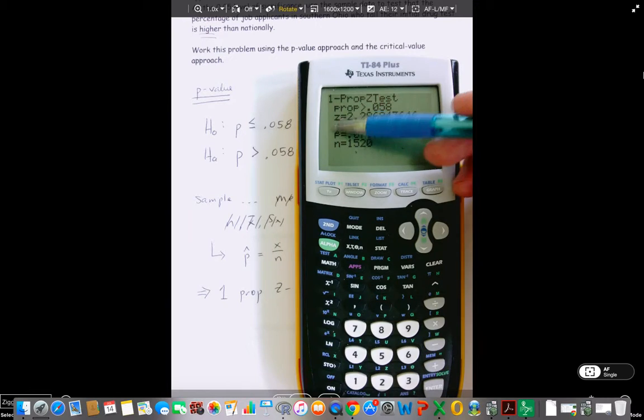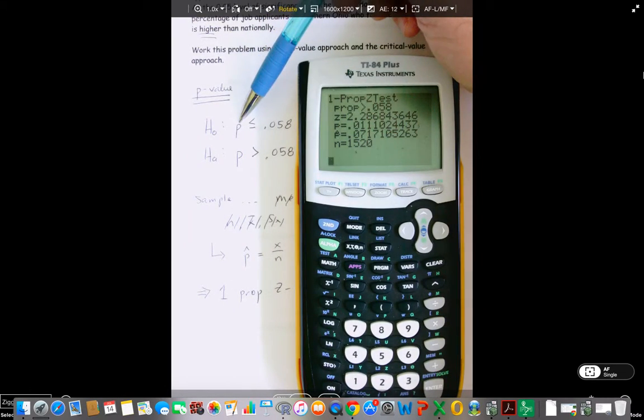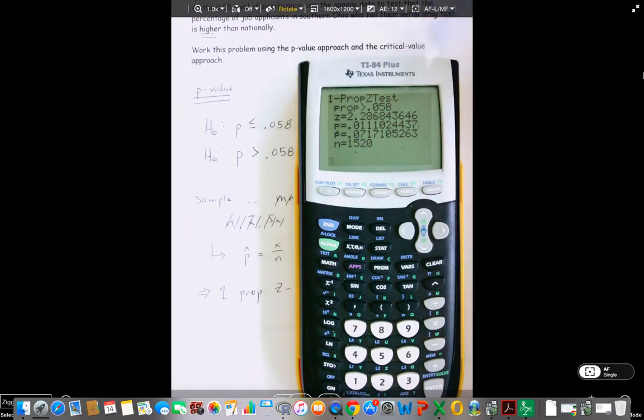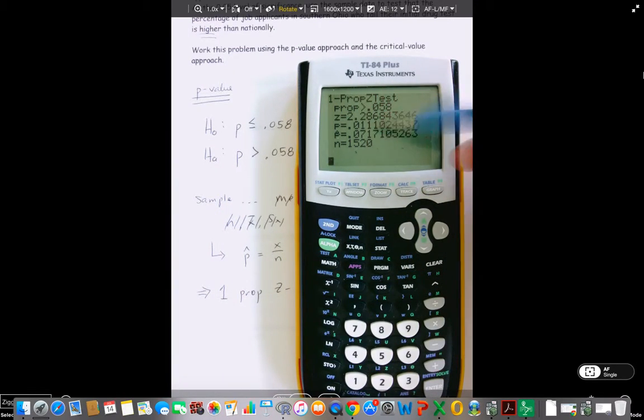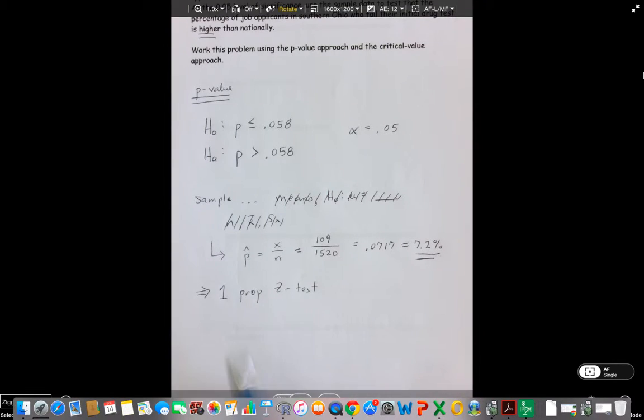Right here, this p-value. 0.0111. Not to be confused with this p. This p is the percentage of the population that fails its drug test. This is not a p-value, it's a p. I wish they wrote p-hat out there to distinguish the difference between that and that. This is a p-value. So the p-value here is 0.011.